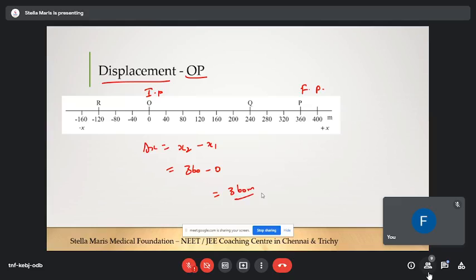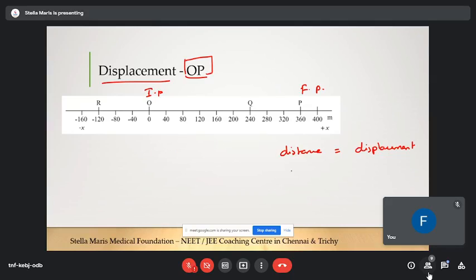The second condition is that the motion should be along the positive direction. So here, from O to P.